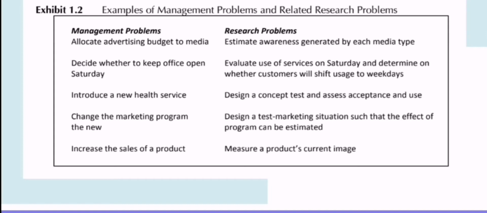You can see how a management problem tends to be a little bit vague, unspecific, but when you convert it into a research problem, you want to specifically know how you would address that problem.